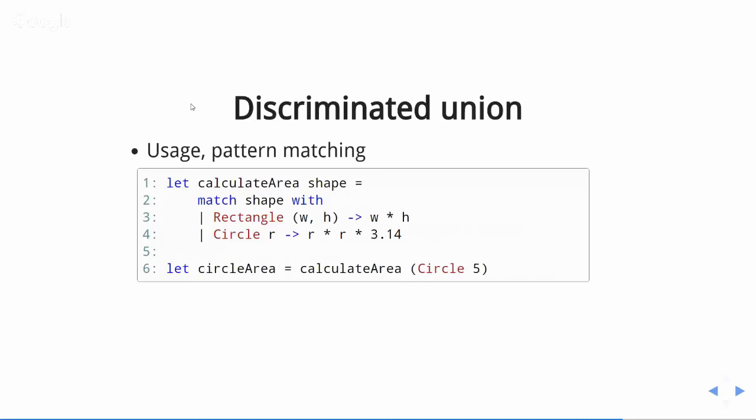And then we can decide what we want to do in the various different cases of that union. And we say that if the shape value is a rectangle and it has these two values associated with it, then the result is just going to be W multiplied by H. And if it's a circle and the radius is R, then we are just calculating the area of a circle. And then this is how I would actually call this function to do this calculation.